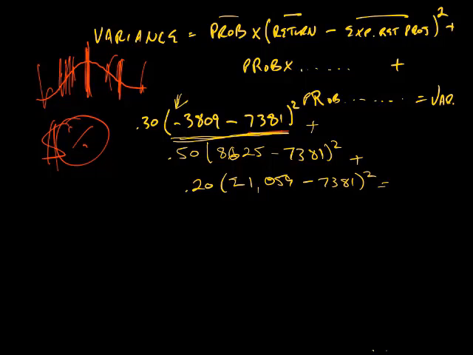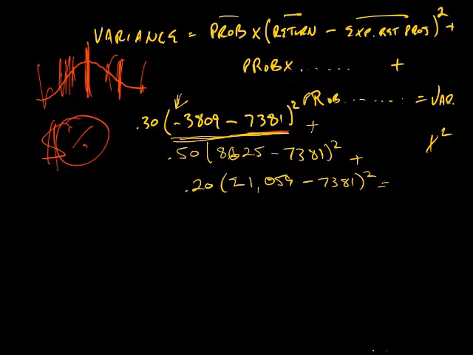But let's see here, negative 3,809 minus 7,381 equals negative $11,190. I'm going to square that. Again, your calculator should have a little function on there that looks like that. You're going to hit that button, and you're going to get a really big number. I'll just write this down so you guys can follow along.